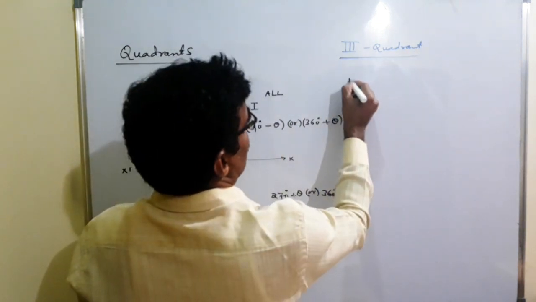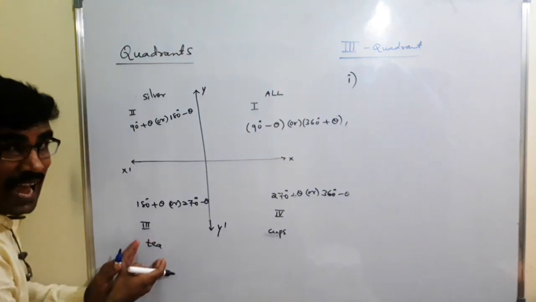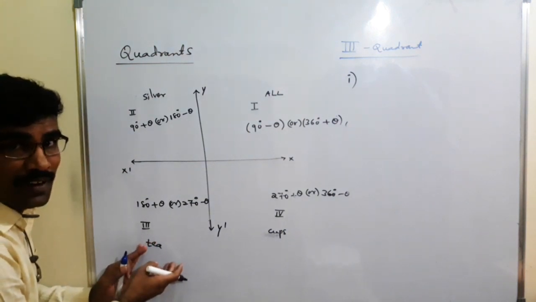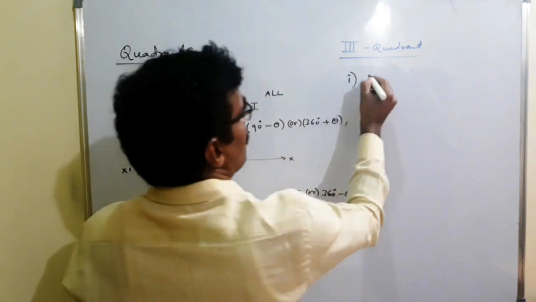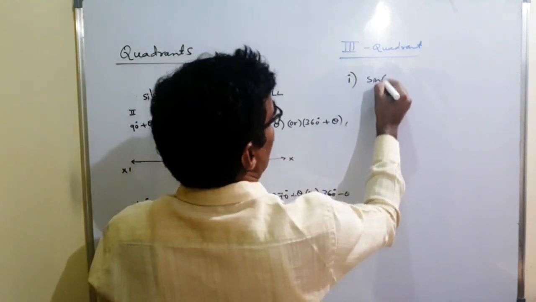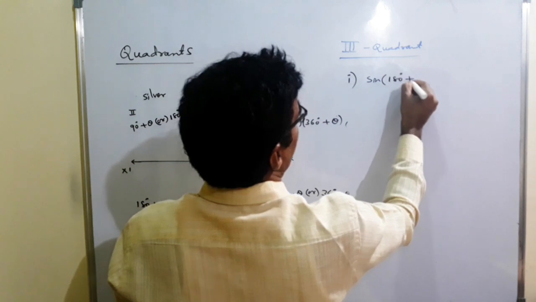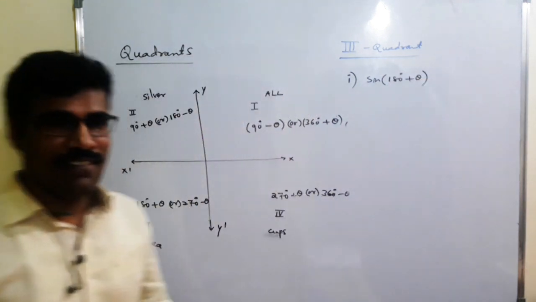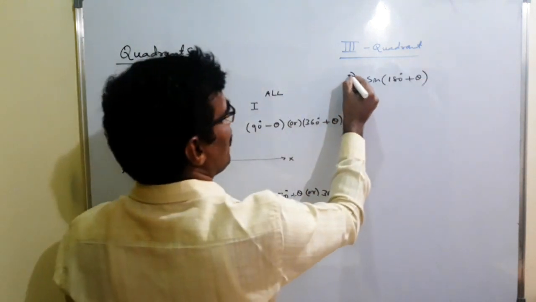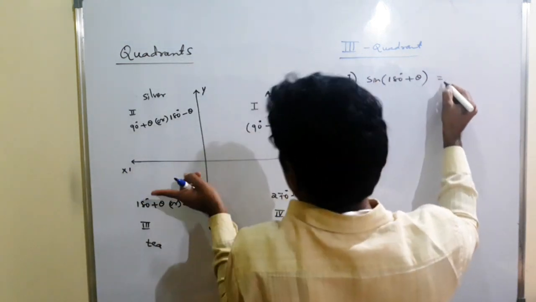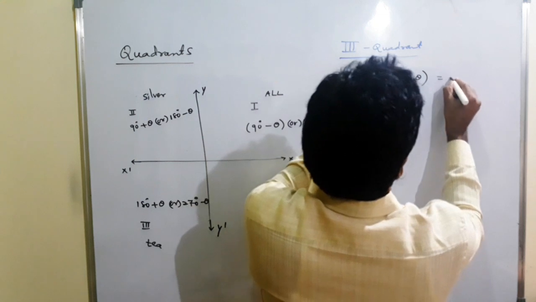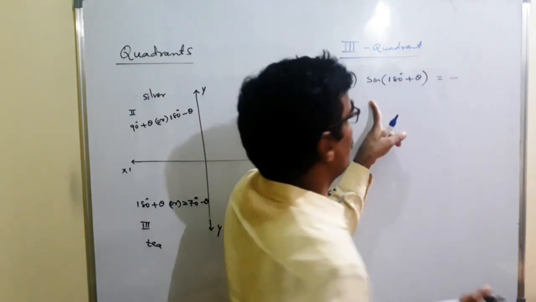In the third quadrant, which is positive? Tan and its reciprocal cot are positive. The rest are negative. So here sine of 180 degrees plus theta. That's why here it is the third quadrant. That's why negative. Clear? Negative.